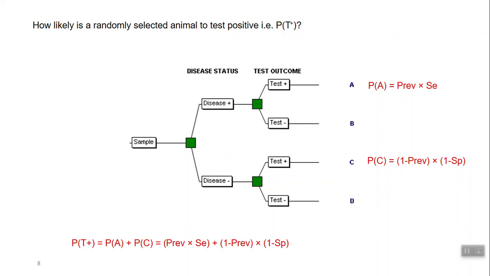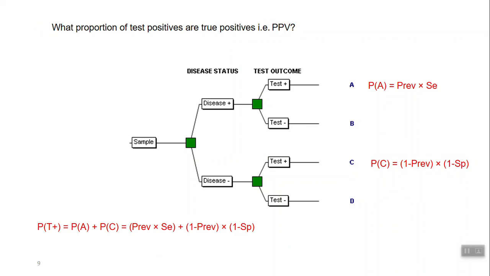So that should be starting to look familiar in terms of predictive values, but we've still got one more thing to add. And so the next step would be to say, okay, what proportion of these are going to be test positive?